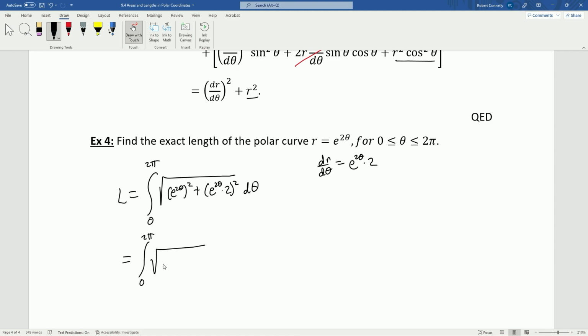So when I square this first term, I'll get e to the 4 theta. And for the second one, I'll get 4e to the 4 theta. So altogether, that's 5 times e to the 4 theta inside the square root. And so I can separate that product apart and put the square root of 5 out in front. And the square root of e to the 4 theta is just e to the 2 theta.